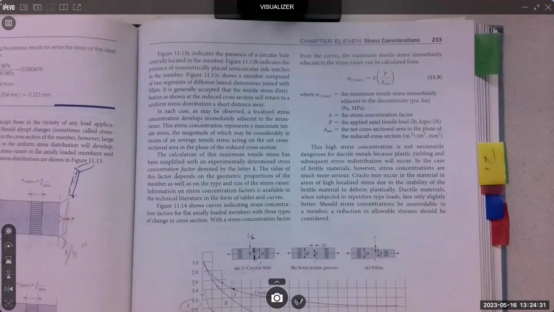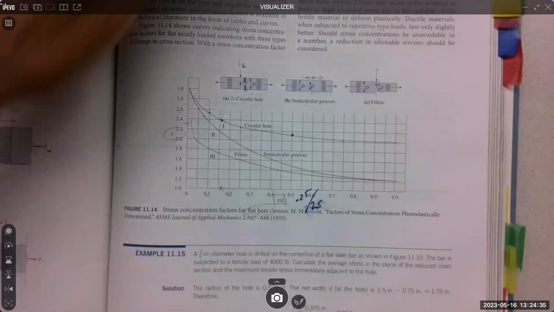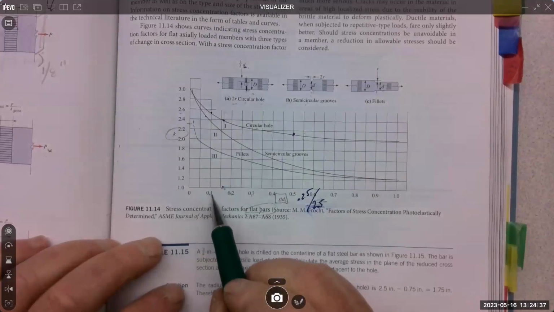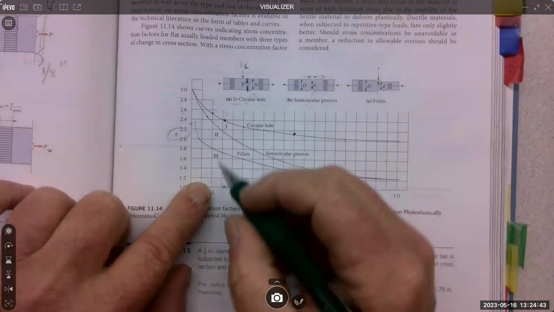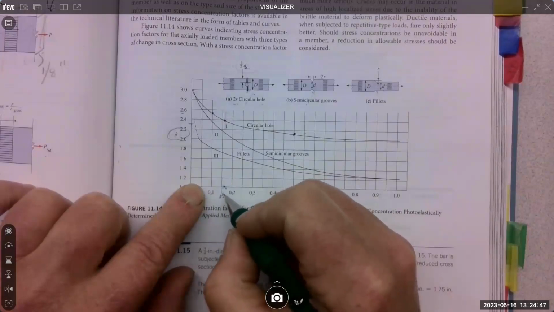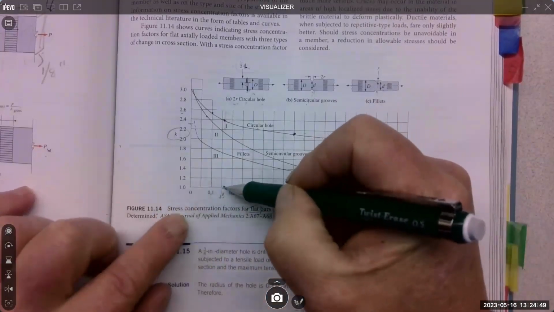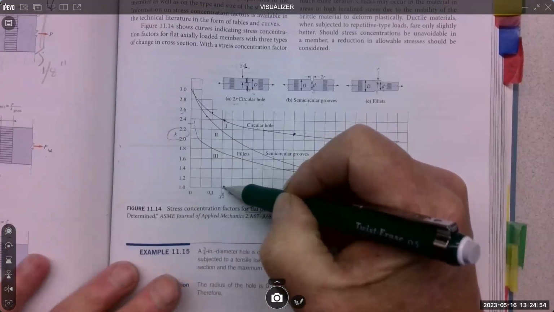R to D ratio of 0.166. So there's 0.15, so 0.166 is going to be in here somewhere, and that's about as well as you can read the graph.